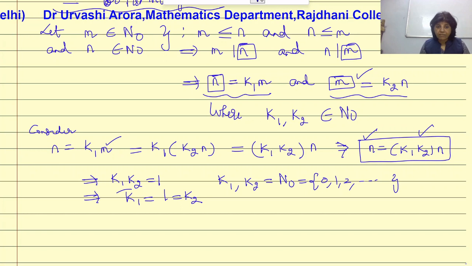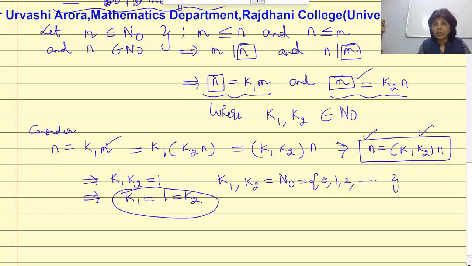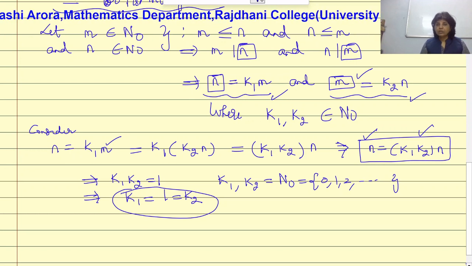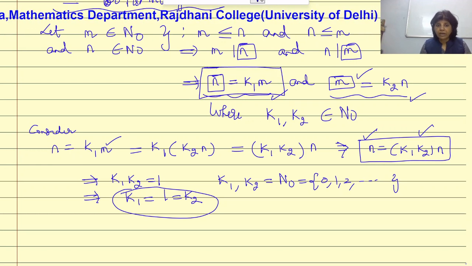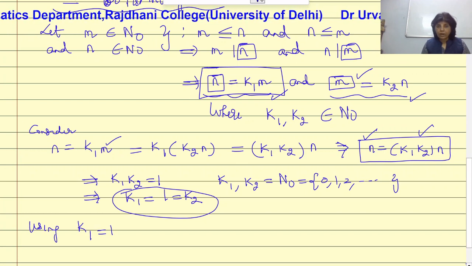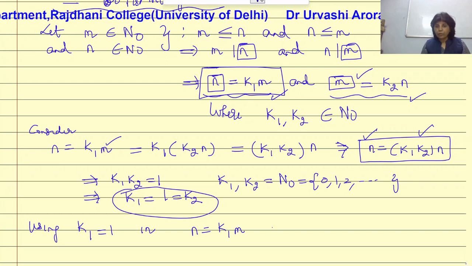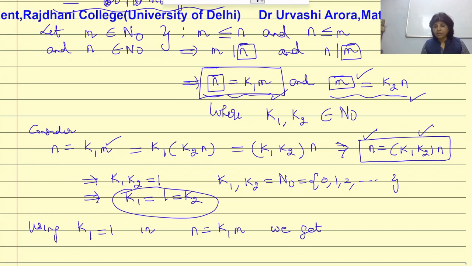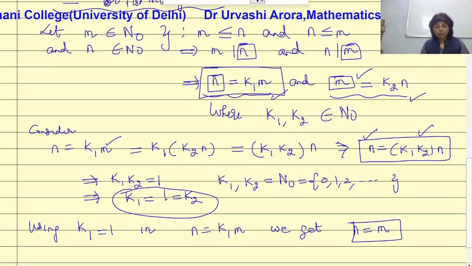Now using this fact, that k1 is equal to k2 is equal to 1, in any of these two expressions. So let's say I pick up this one, n is equal to k1 m. So using k1 is equal to 1 in n is equal to k1 m, putting the value of k1, we get n is equal to m, and this is what we had to show for antisymmetry.